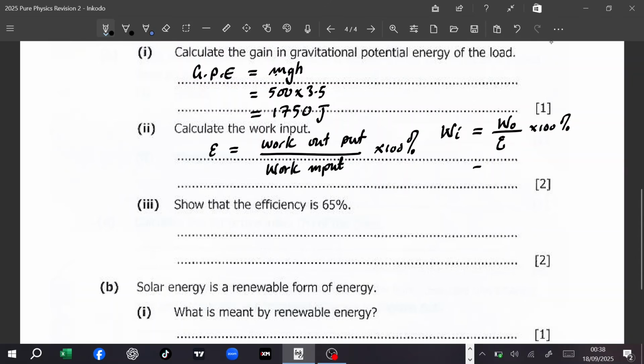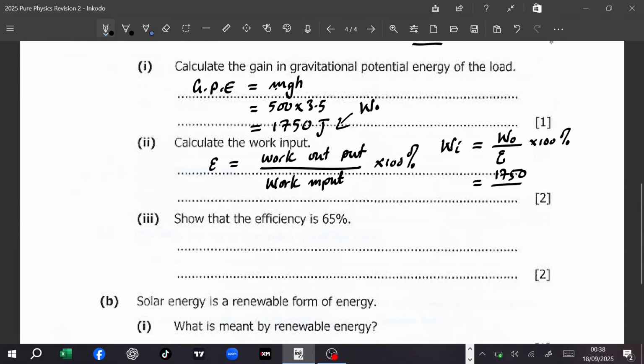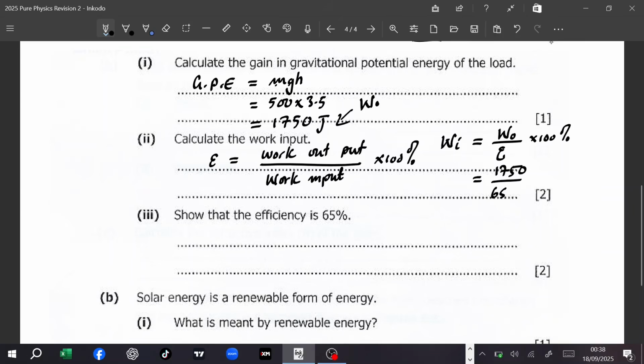We substitute work output as the one we calculated: 1750 divided by the efficiency, which was provided as 65 percent, times 100%.